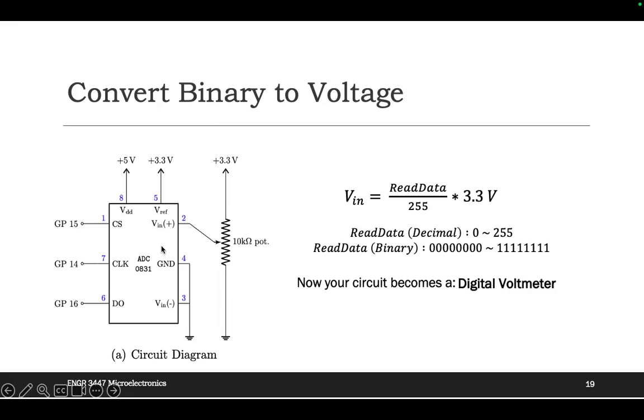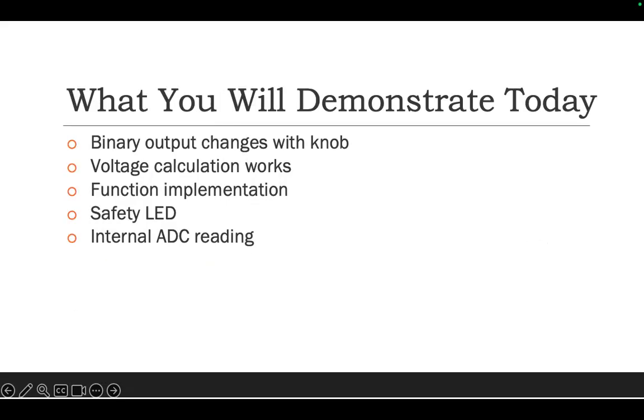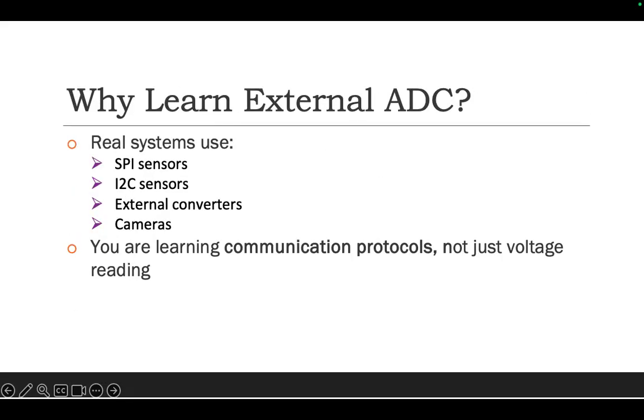It may be 5 or 12. So you need an external ADC to deal with these signals. Does that make sense to you? With the external ADC, you are learning communication protocols, not just voltage reading.